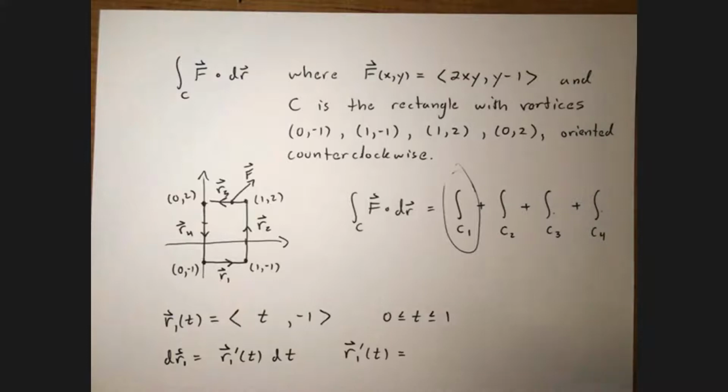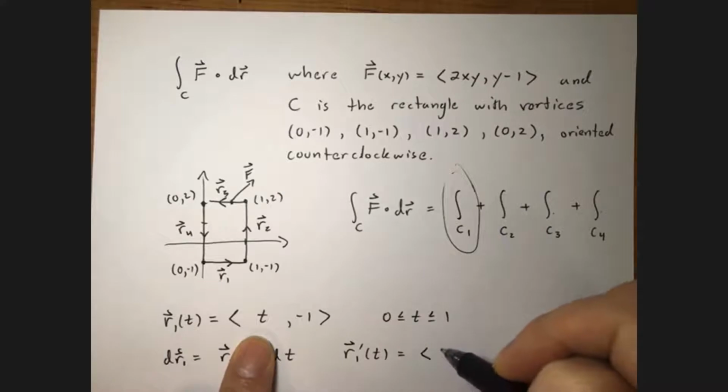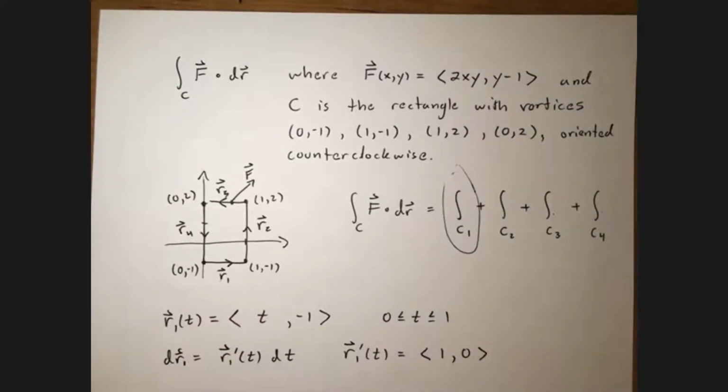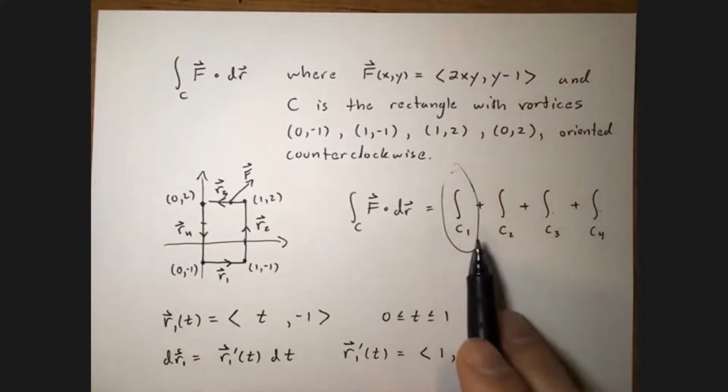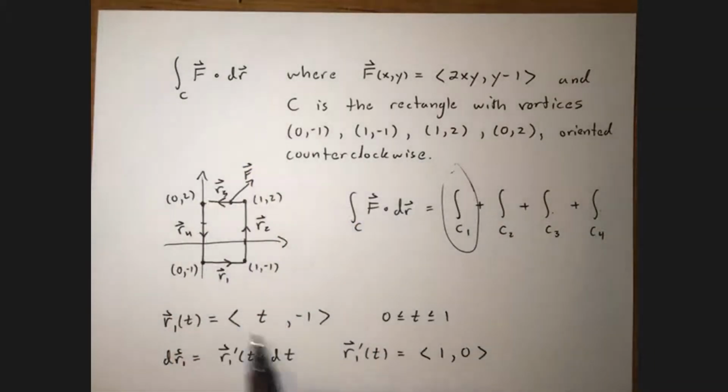Well, that's very simple. I just differentiate this vector, and I get 1, 0. So when I do this integral over the first curve, I'm going to evaluate my vector field here, and then dot it with this, dt.